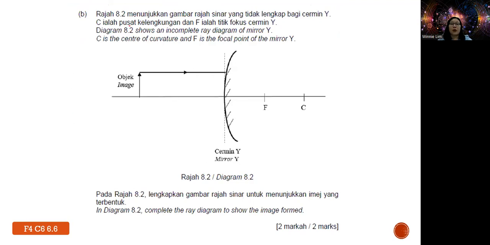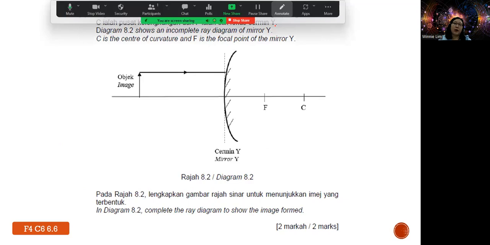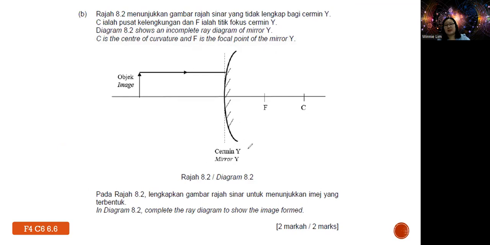Diagram 8.2 shows an incomplete ray diagram of mirror Y, where C is the center of curvature and F is the focal point. Complete the ray diagram. Every time you draw a ray diagram, I always tell students, you must really identify: is this a mirror or a lens? So what mirror is this? Generally, one that curves outwards, you call it a convex mirror.